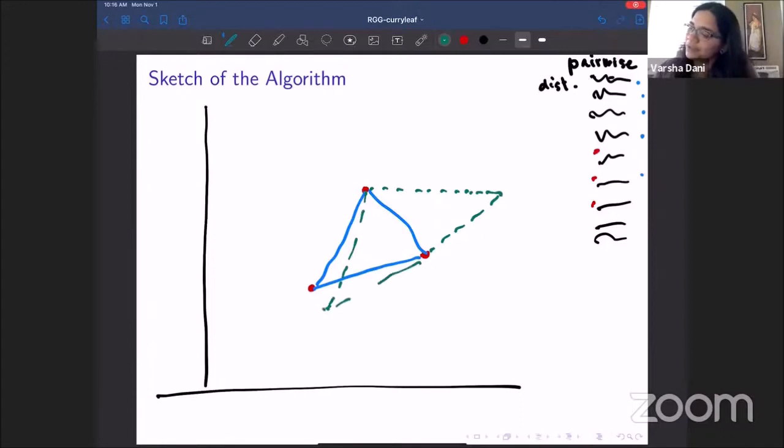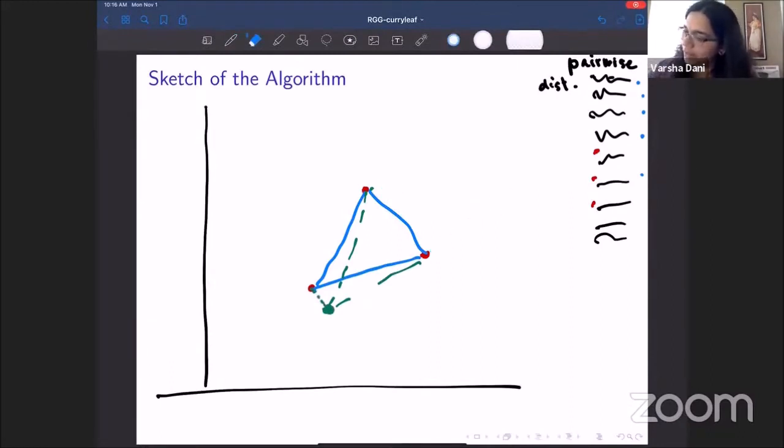Now, how do I decide whether the point goes here or here? Well, that's what the third landmark is for. I also have distances to this point. So if it's big, then I know the point went here. And if it's small, I know the point went here. So in this case, maybe it went here.